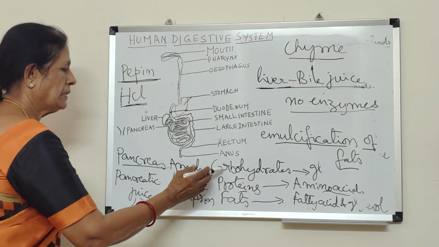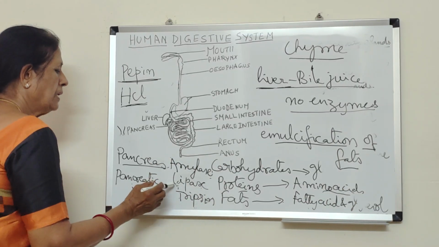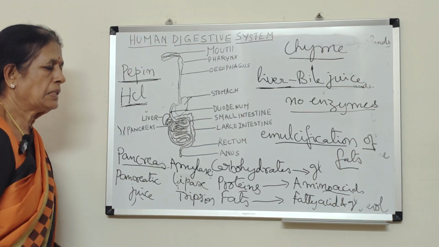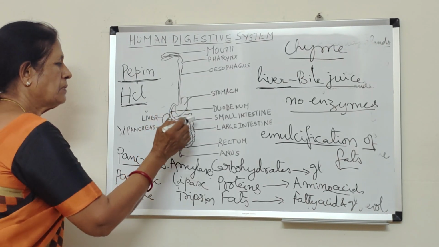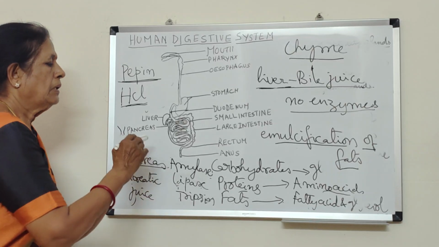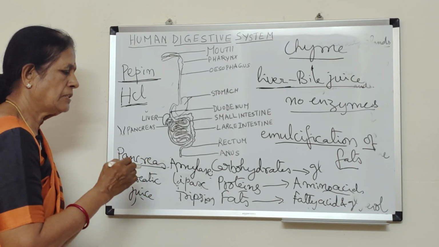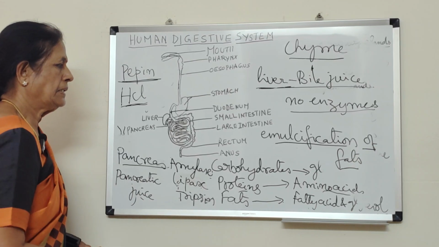Amylase helps in the digestion of carbohydrates, lipase helps in the digestion of fats, and trypsin helps in the digestion of proteins. In this way, in the duodenum, carbohydrates, proteins and fats get digested.